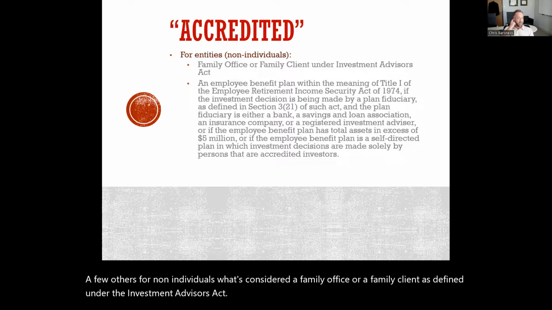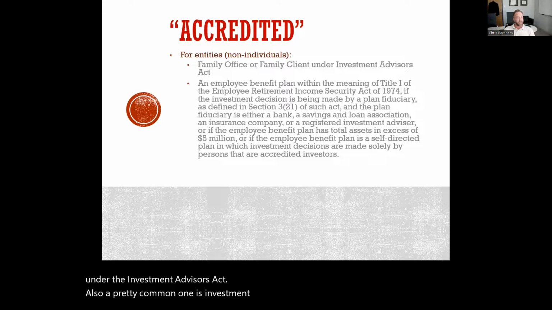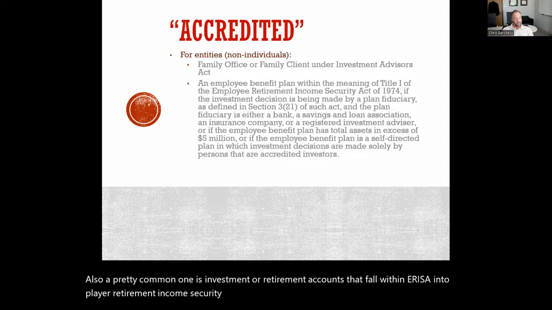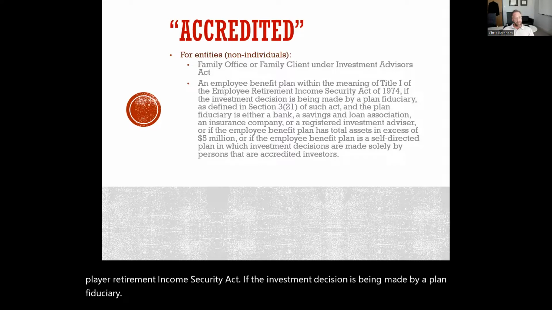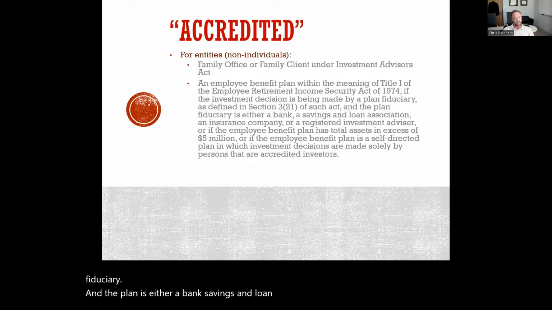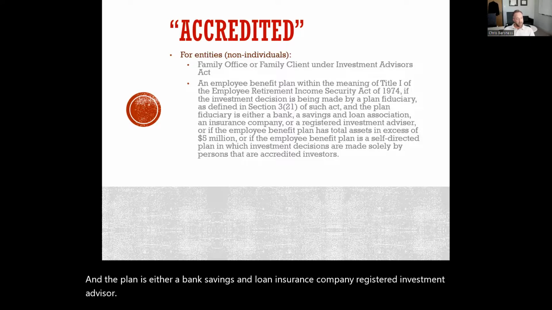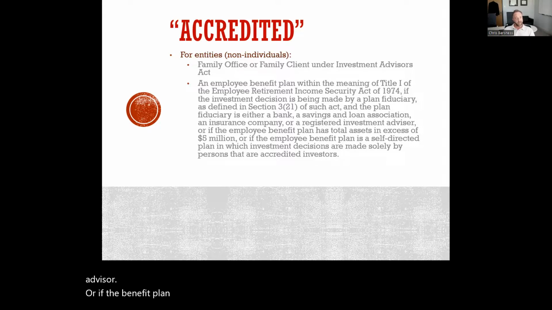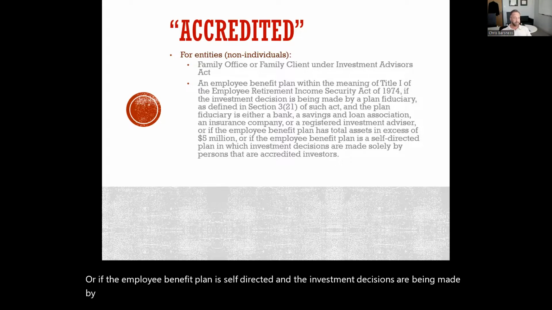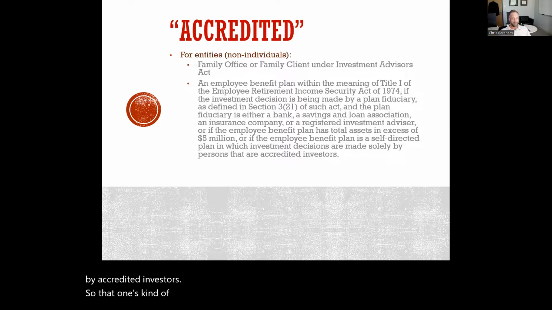Also, a pretty common one is investment or retirement accounts that fall within ERISA, the Employee Retirement Income Security Act, if the investment decision is being made by a plan fiduciary, and the plan is either a bank, savings and loan, insurance company, registered investment advisor, or if the benefit plan has assets over $5 million, or if the employee benefit plan is self-directed and the investment decisions are being made by accredited investors. So that one's kind of a technical definition, but it covers certain retirement accounts.